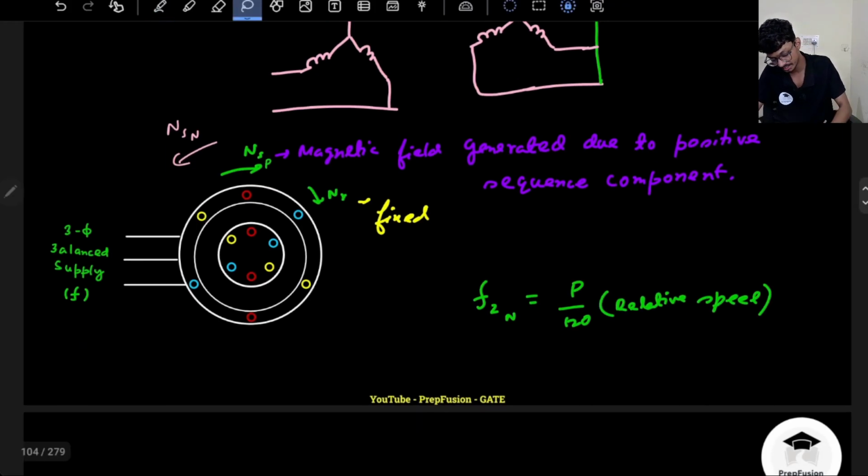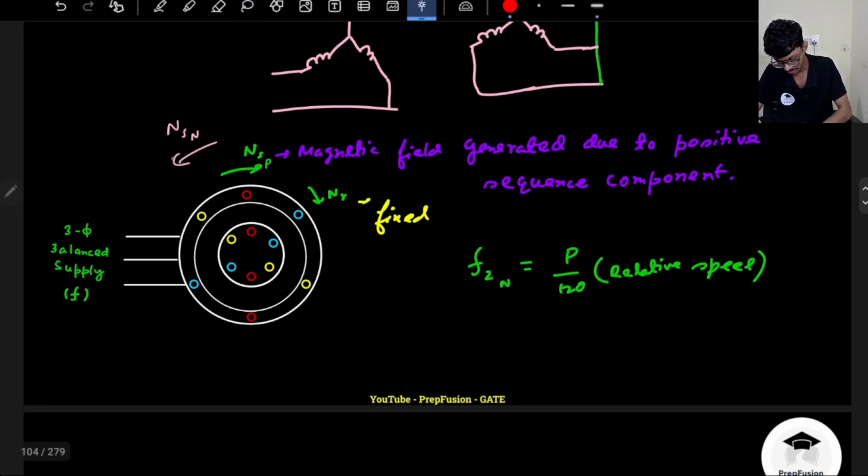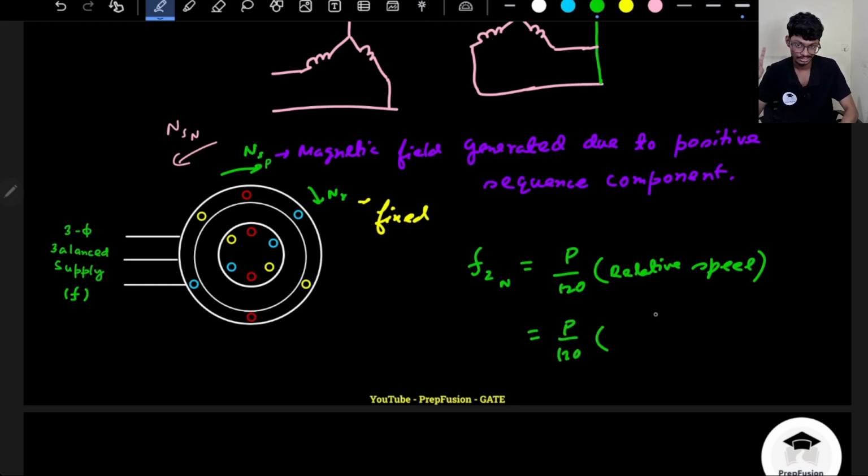What is the relative speed between the stator negative field component and the rotor? If I assume this to be my reference, it is in the opposite direction. If they are in opposite directions, it is the absolute speed of the stator magnetic field, Nsn, with respect to a stationary observer, minus the absolute speed of the rotor.